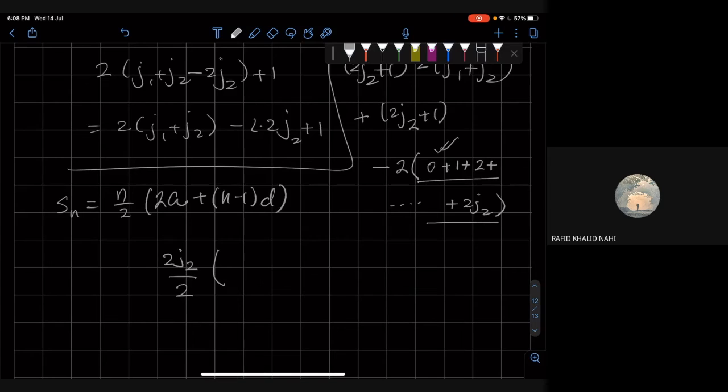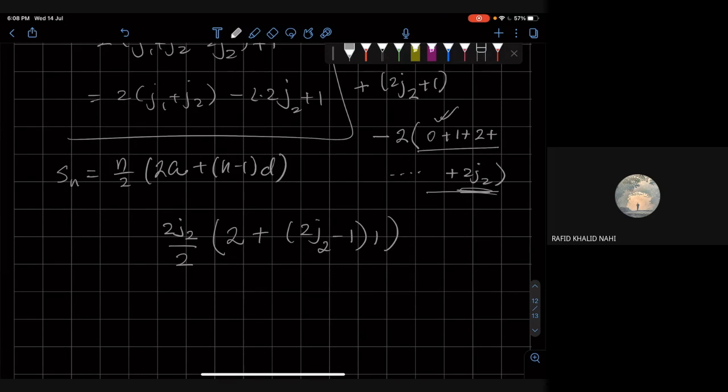Here n is going to be 2j2. And what is a? a is 1, right? So we get 2a, and then n is again 2j2, so 2j2 minus 1. d is 1, right? So the half is going to give me j2 times 2j2 plus 1.